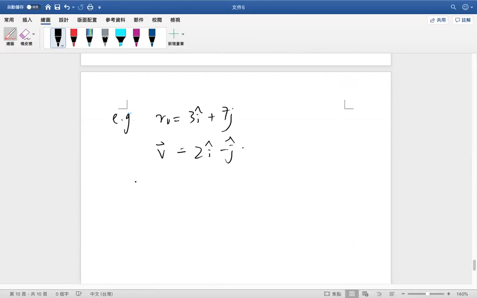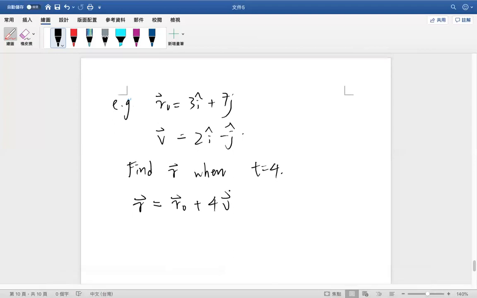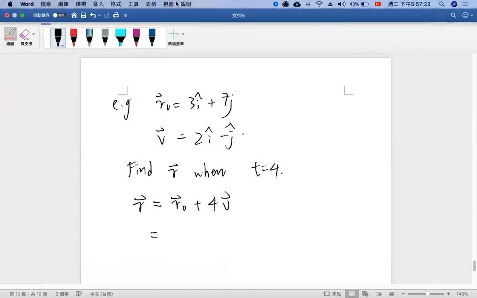The task is to find r when t equals 4. That's easy, right? Just plug all those things into the formula above. So R is R0 plus 4V. Then you just add the vectors just like what we did just now.